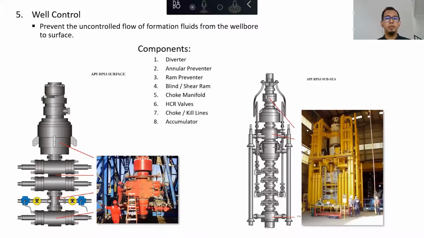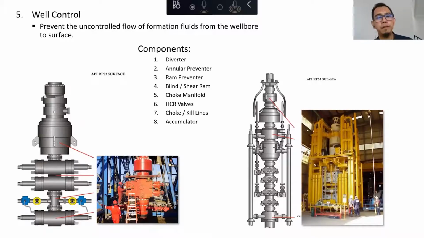And HCR valves, these are hydraulic control remote valves. These valves are required to manipulate the surface flow during a well control, and also to increase efficiency, because if you are under high pressure on the surface pipeline, it is safer to use hydraulic control remote valves rather than manual gate valves.